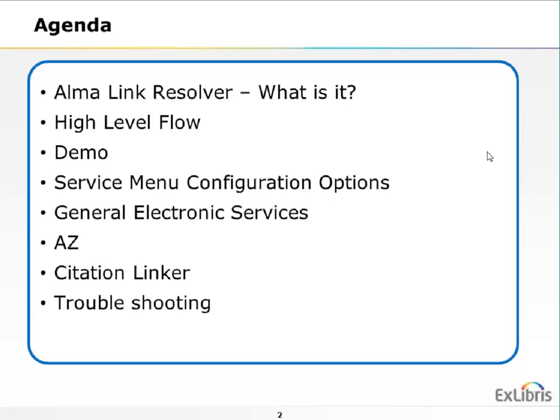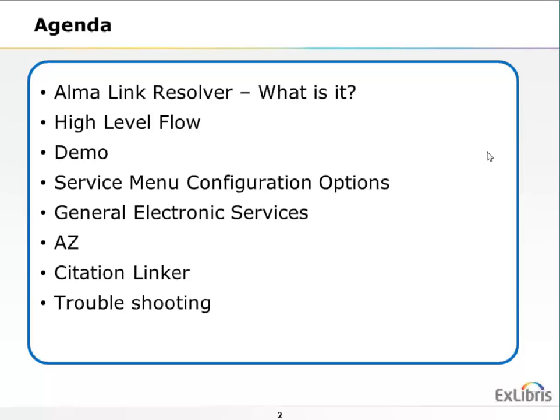And I'm going to give you some tips regarding troubleshooting in relation to Alma Link Resolver. If you don't understand why you're getting the responses that you're getting, here are some troubleshooting ideas that you can use when you encounter a problem.